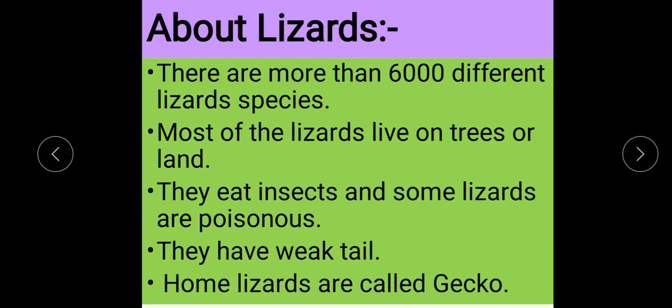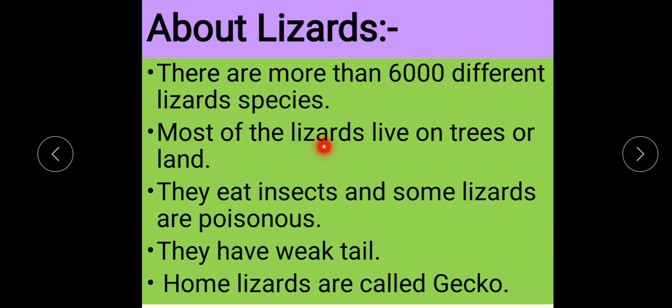And see here, lizards only are in more than 6,000 different species, right? So their body structure, shape, and size are different. All these things are different.